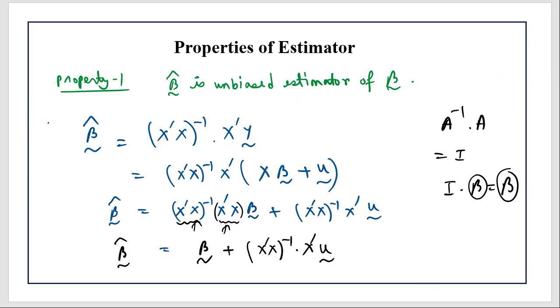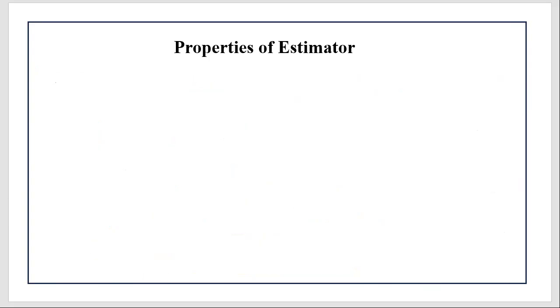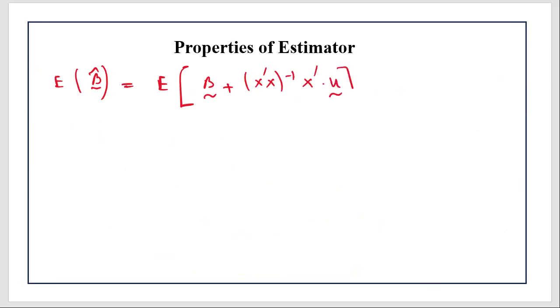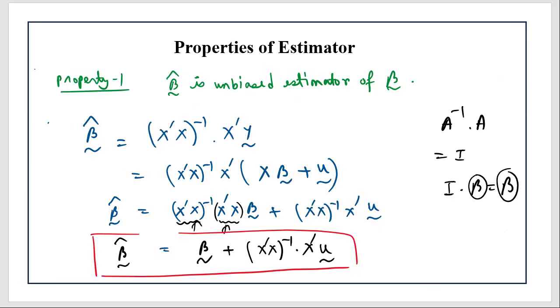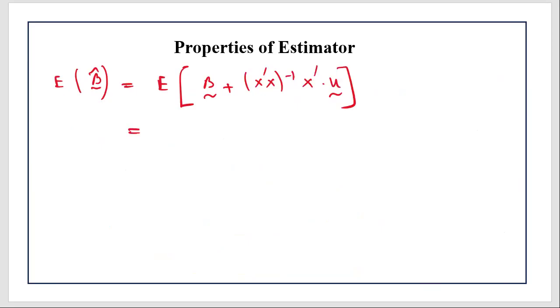Now, with this particular expression, you can take expectation on both sides. We will find the expected value of beta cap, which will be the expected value of the entire thing we found: beta plus (X prime X) inverse X prime into u. Expectation will be on individual terms.